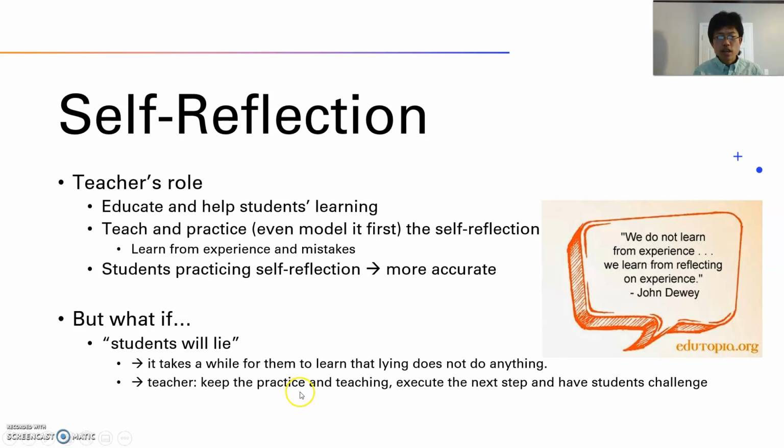The teachers just have to keep the self-reflection practice going, teach, execute the next step, and have students challenge themselves. That's all the teachers can do, I think. And at some point, the students who are lying will realize, oh, this self-reflection is really for me, not for a grade or something else. It's really for themselves, whether they have mastered it yet or not.